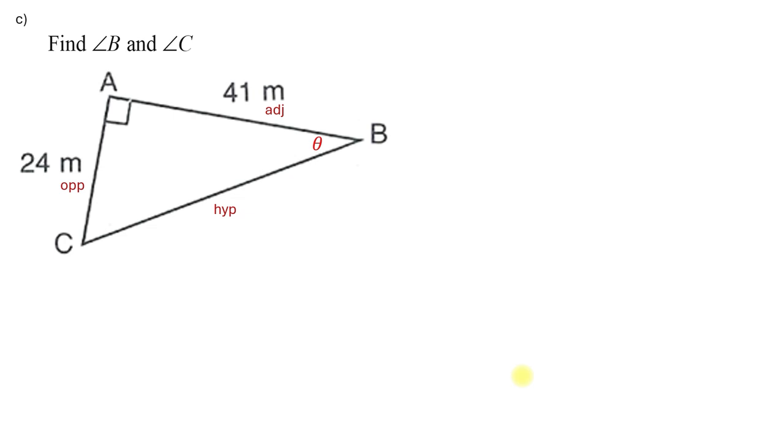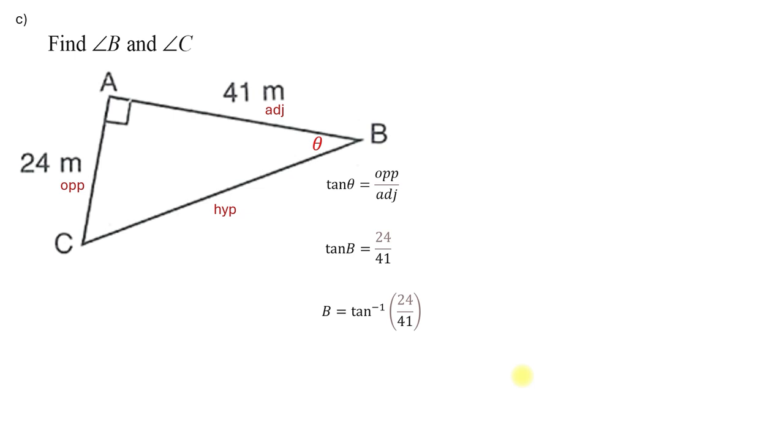So we are given the opposite and adjacent, and the trig ratio that deals with opposite and adjacent is the tangent. So we can say the tan of theta equals opposite over adjacent, or in this case the tan of angle B equals 24 over 41. That means angle B on its own will equal the inverse tan of 24 over 41.